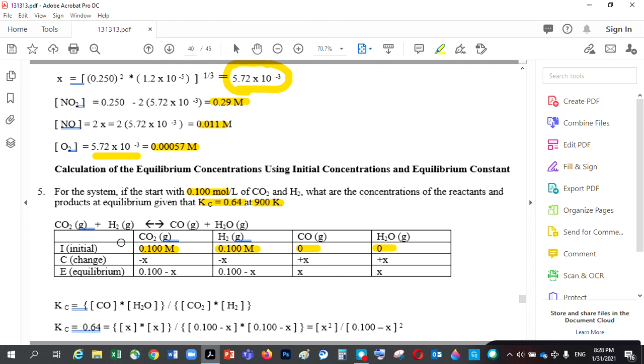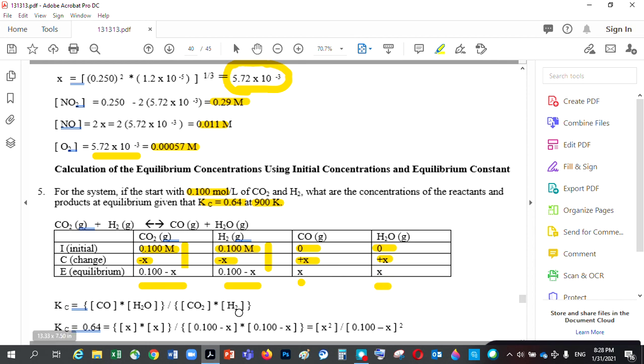So let's go here. We'll say minus x for the reactants, plus x for what will be produced, plus x for what will be produced. Produced is plus, consumed is minus. Add them up, then you get this one here. Add those up, you get this one here, and this one here is 0 plus x, the 0x.